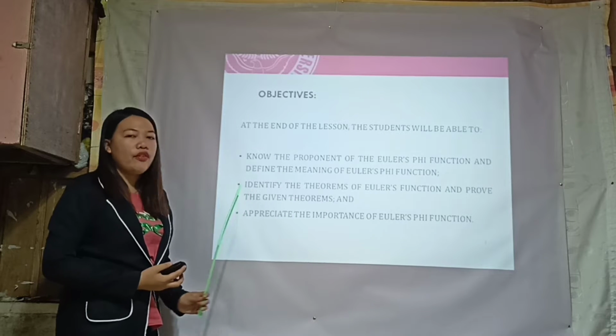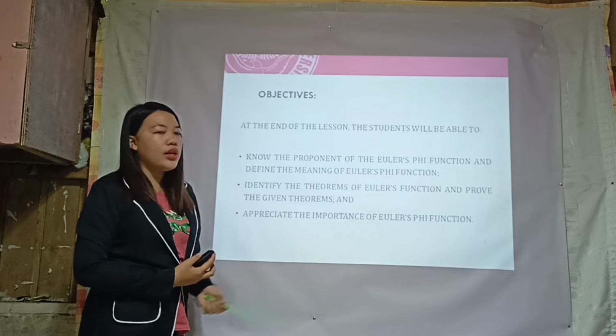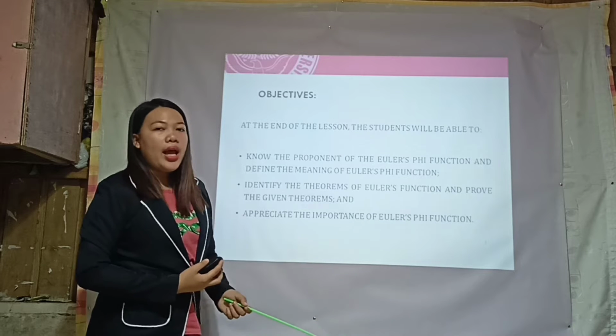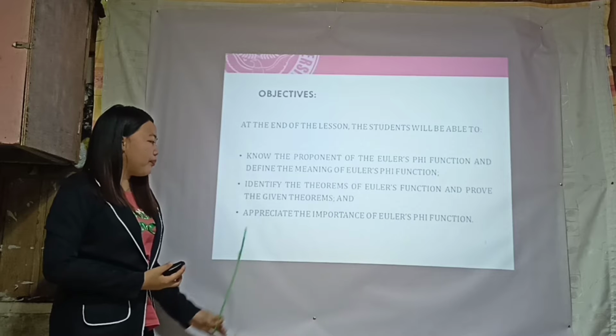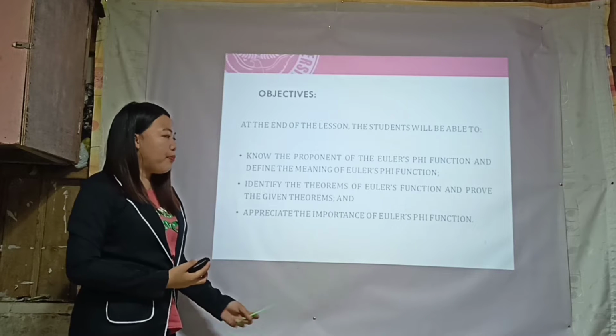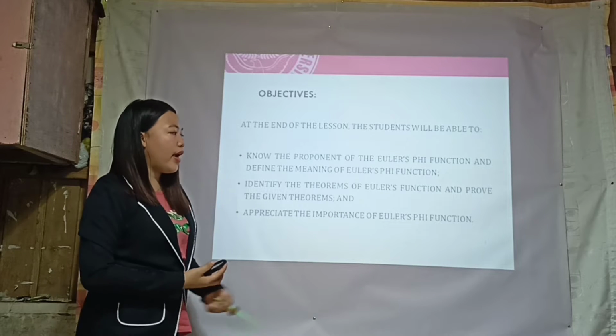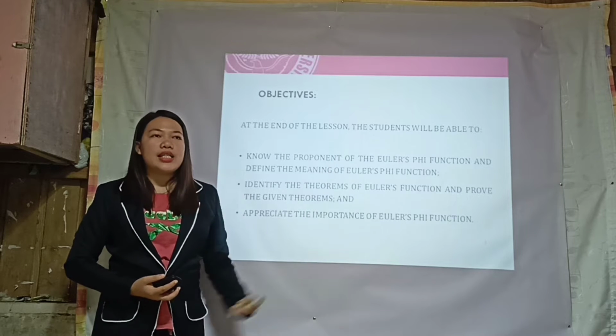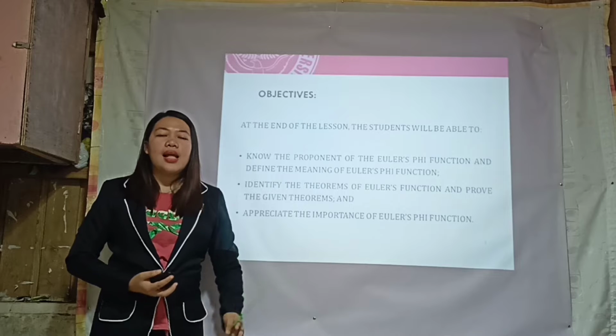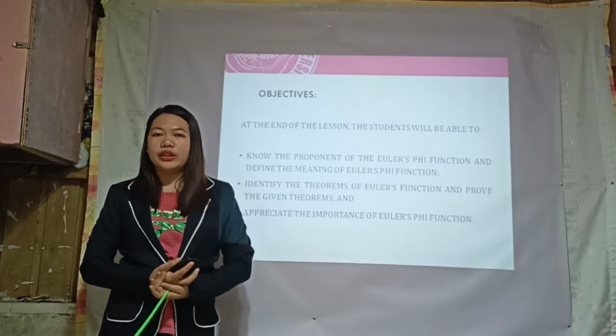Next is to identify the theorems of Euler's function and prove the given theorems and appreciate the importance of Euler's phi function. But before we proceed to our discussion, let's have an activity first.